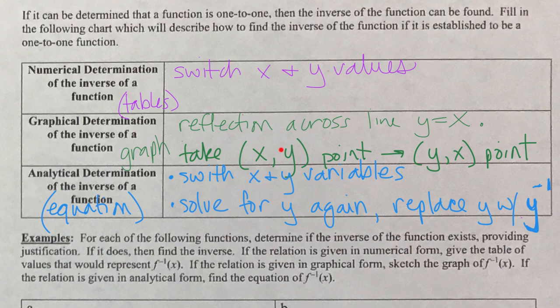So you take every point on your graph and you switch them, y comma x, and then you replot that point. And then if we have an equation, this is where the algebra comes in. You switch your x and your y variables. You solve that equation for y again, and then the last thing you do is you replace y with y inverse, so we have the correct notation. You don't want to have y equals because that's what you started with.